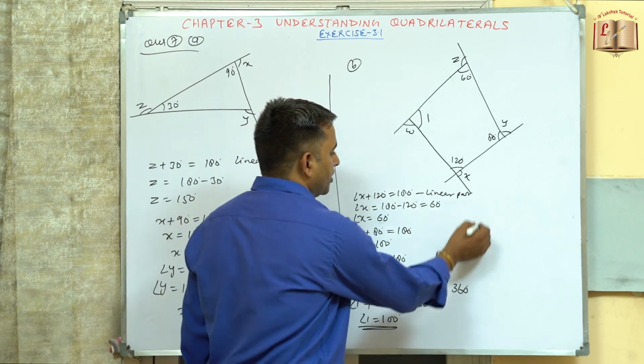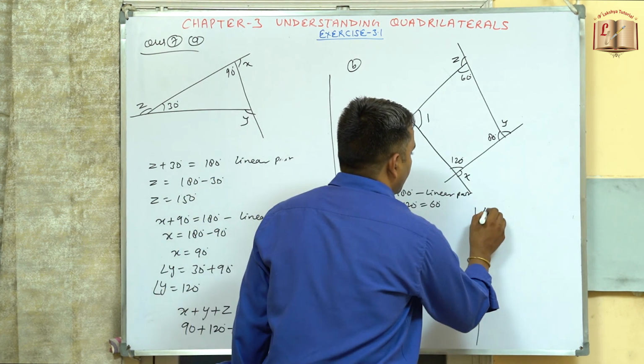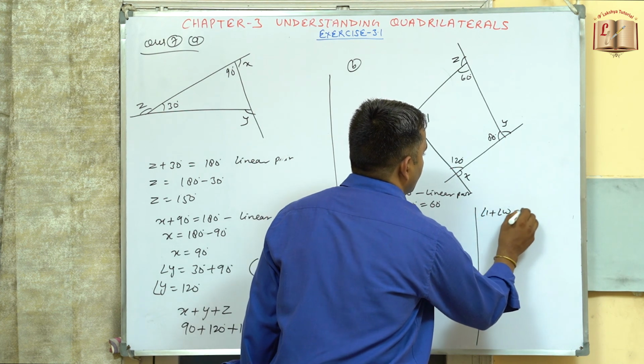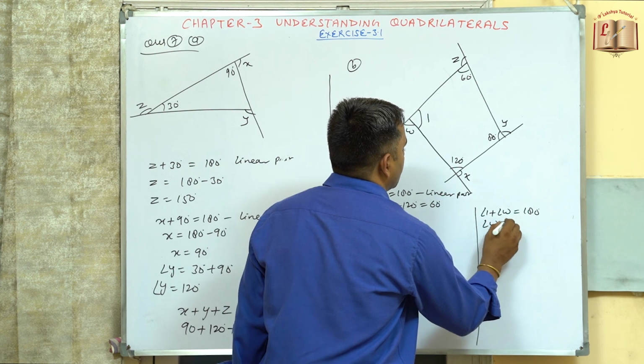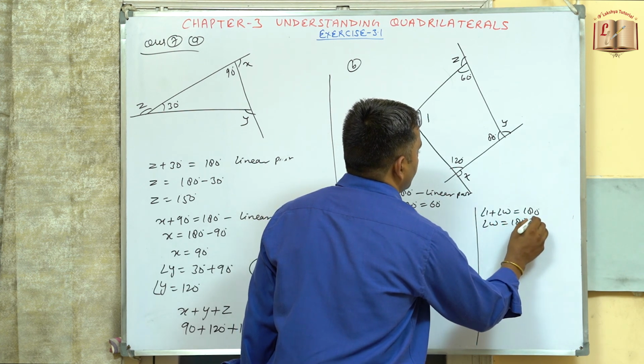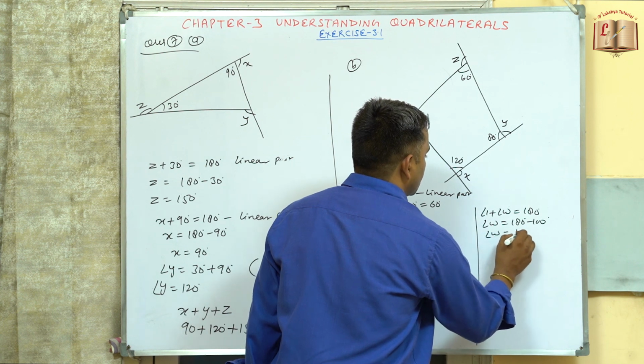Now we can find out this angle w. So angle 1 plus angle w will be equal to 180 degrees, linear pair. So we got angle w equals 180 minus 100. So angle w equals 80 degrees.